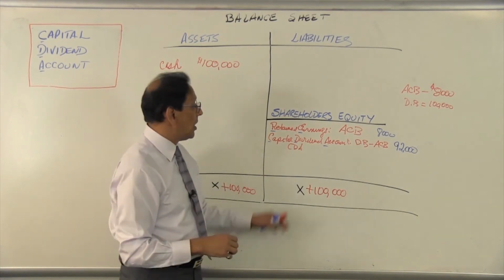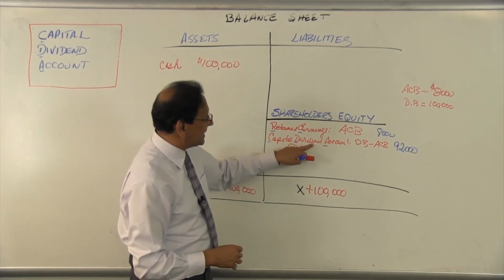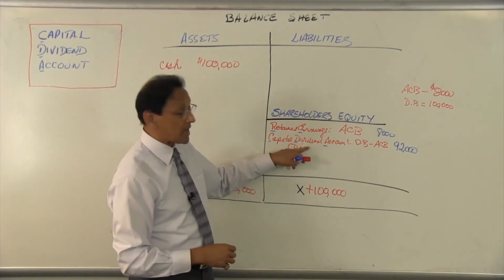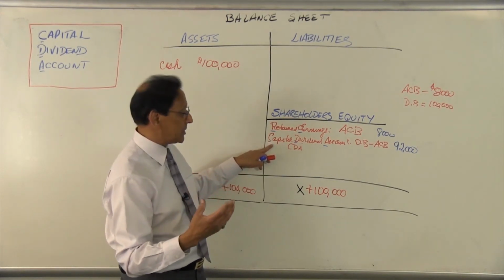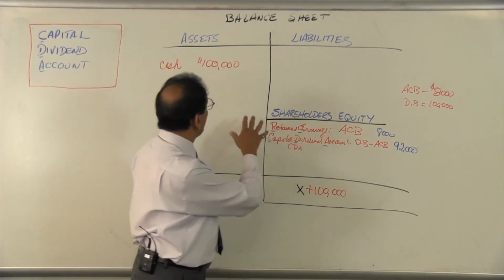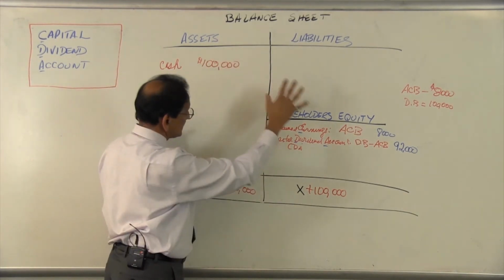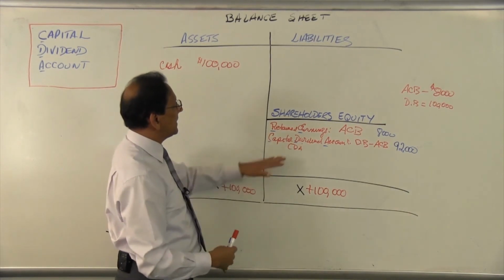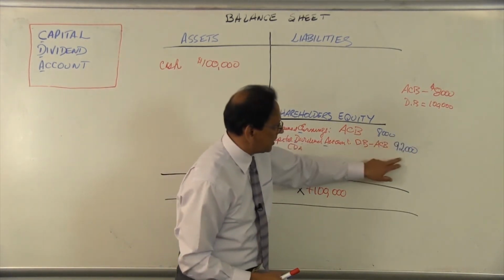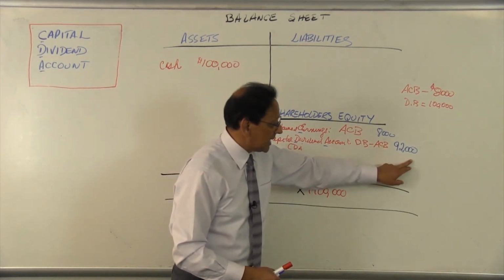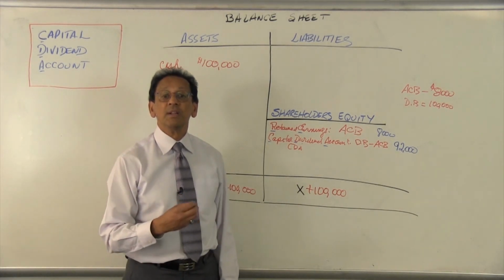All the shareholders in the company can declare a dividend, and it's not a taxable dividend because it's deemed to be capital. They're getting back their capital. So a big feature of having an insurance policy owned by a corporation is that it has this type of treatment, and any amounts credited to the capital dividend account, in this example $92,000, can flow through to the shareholders as a tax-free dividend.